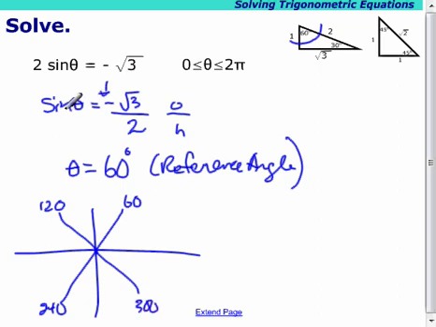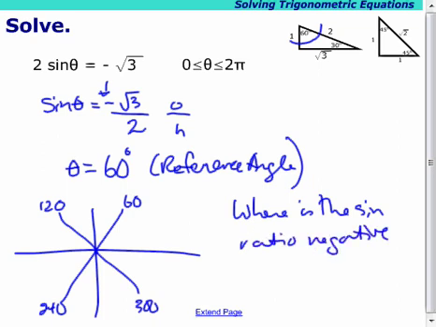Now I look back and I say, where is the sine ratio negative? I'm just going to write that. Where is the sine ratio negative? Well, I know sine and y go together, so wherever y is negative, sine's going to be negative. So y is negative in these two quadrants here.